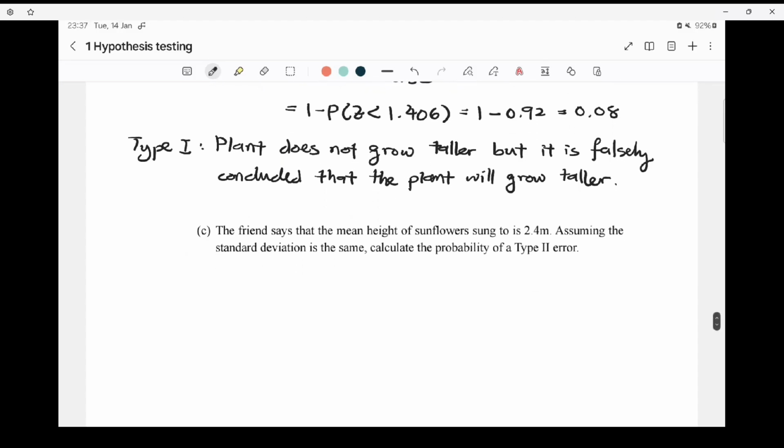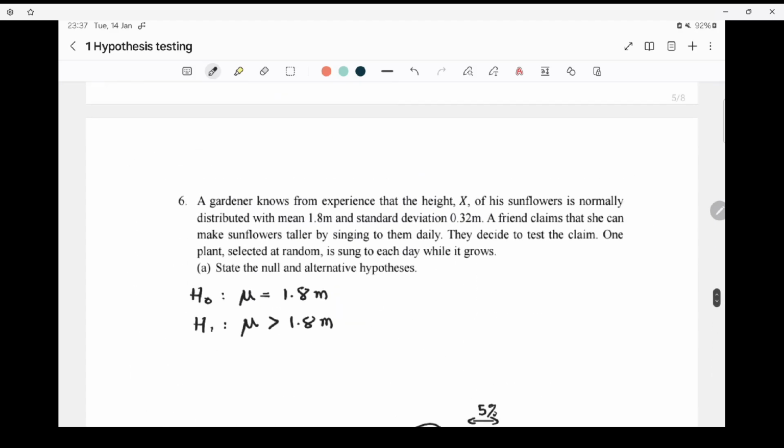So the friend says that the mean height is 2.4. Assume the standard deviation is the same. Calculate the probability of a type 2 error. This is what I meant by you have a different test statistic if you were to calculate your type 2 error, because originally your x is normally distributed with mean 1.8, standard deviation 0.32.